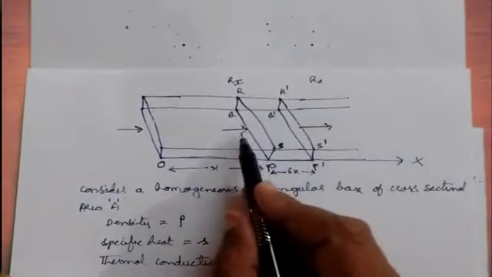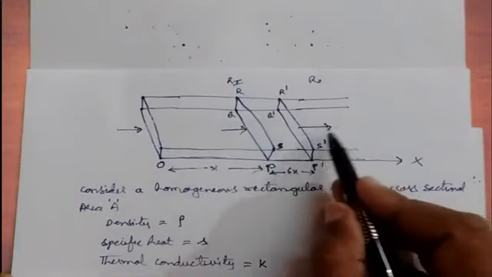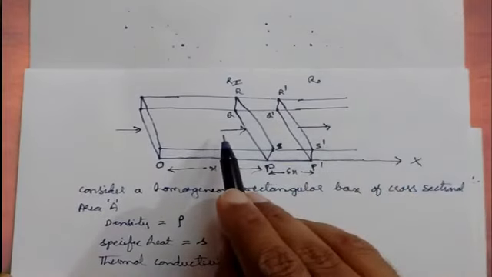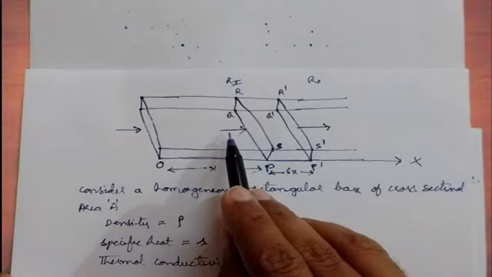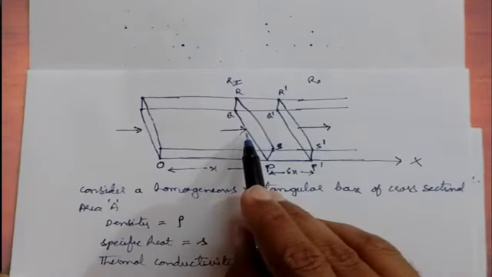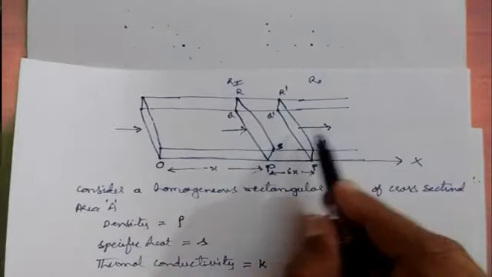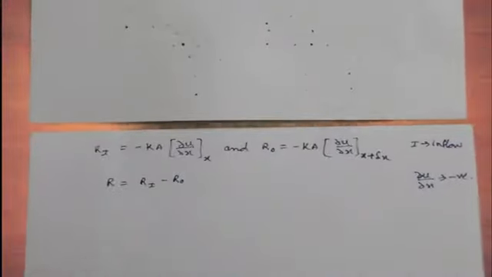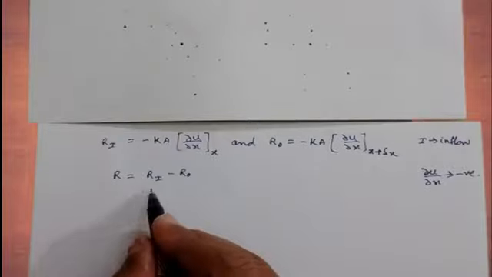We are taking Ri at this point and Ro at this point. Because the heat entering is more, we take that first, and the rate of outflow Ro, which is less. So a greater value minus the smaller value will give you the positive value.